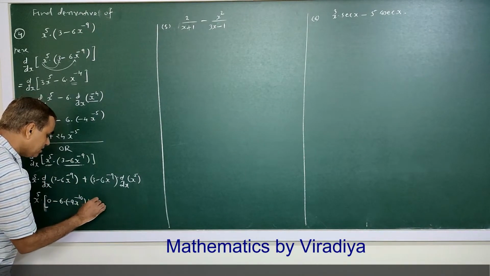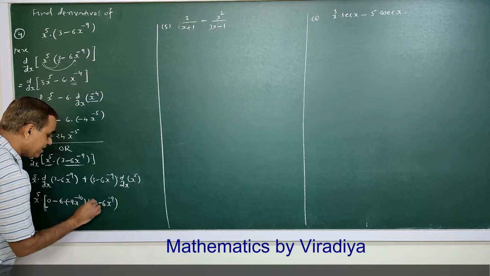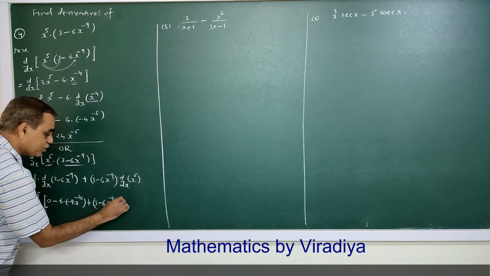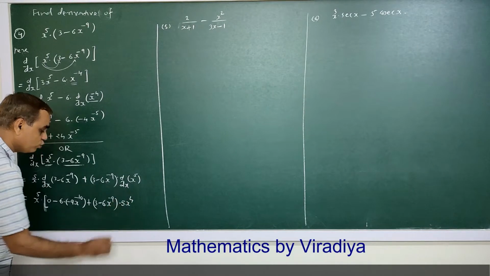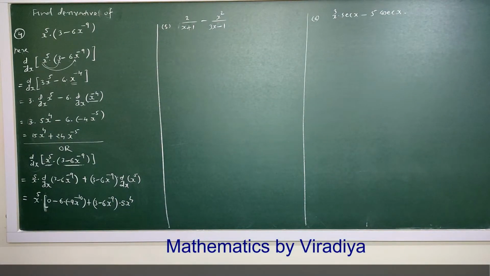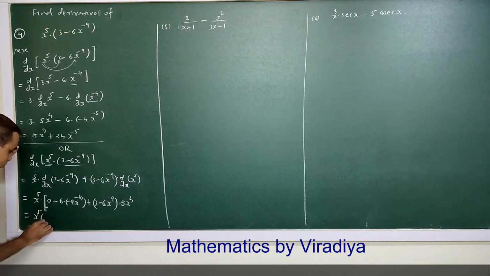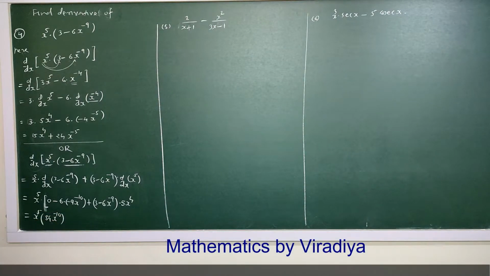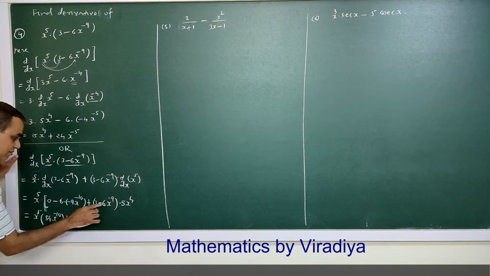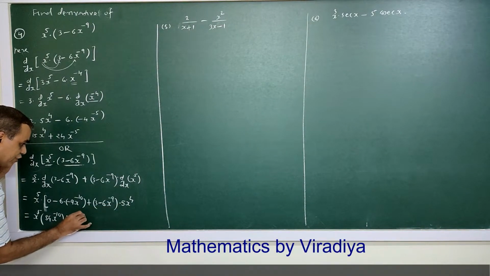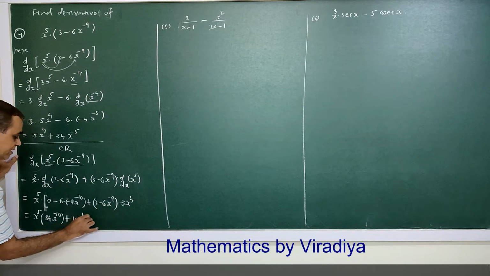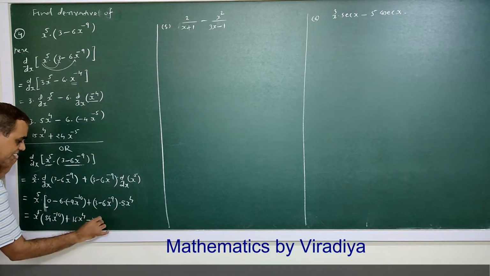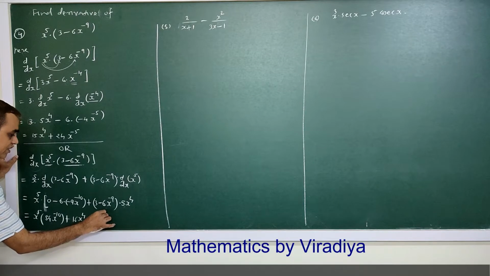Plus 3 minus 6 into x raised to minus 9 as it is, times the derivative of x raised to 5, which is 5 into x raised to 4. So simplifying this, x raised to 5 into 9 into 6, that is 54 x raised to minus 10, plus 15 x raised to 4 minus 30 x raised to minus 5.